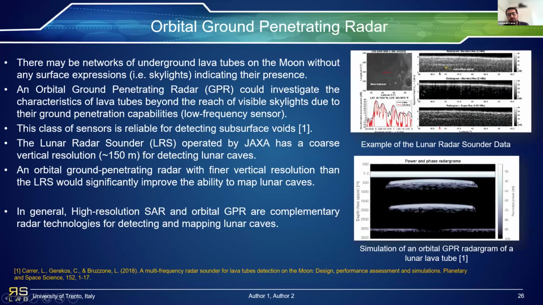Here I show some examples of simulated subsurface conduits, and how they should look in an orbital ground penetrating radar observation. We also know that these sensors are quite reliable in detecting subsurface voids. So the combination of these two classes of radar sensors could be really excellent for mapping additional lunar caves.